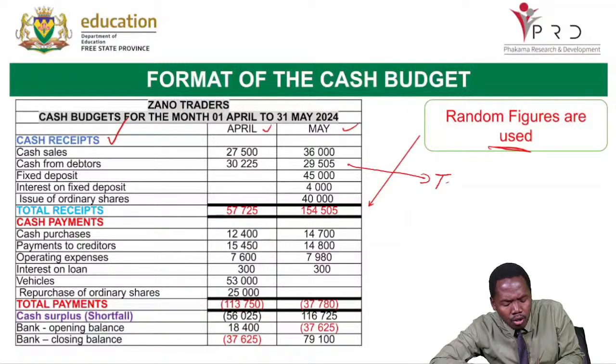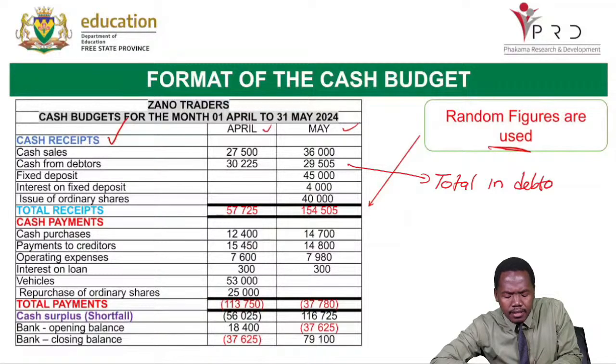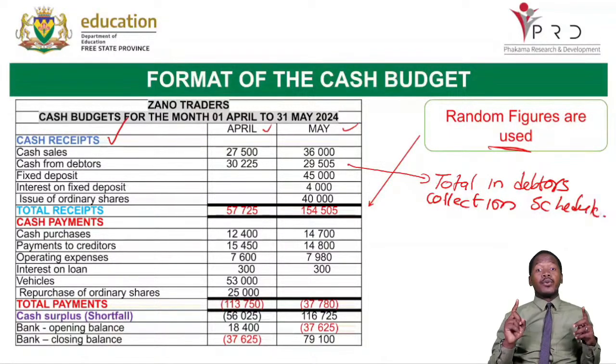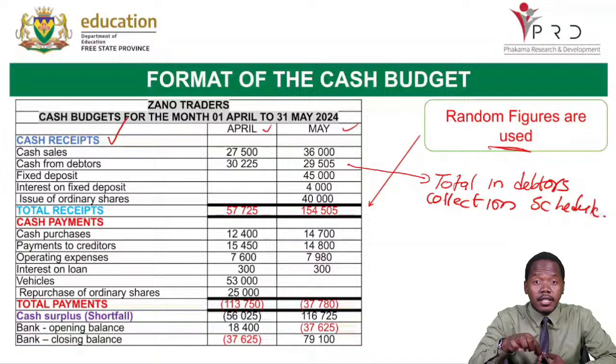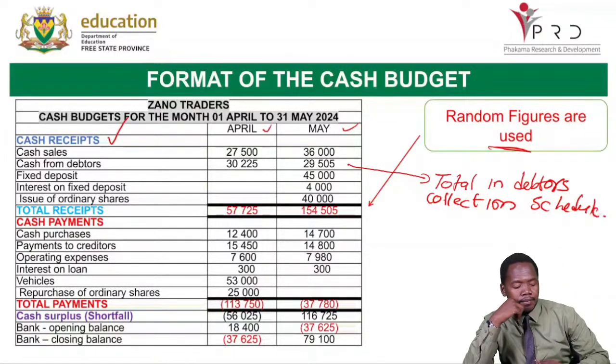This is your total in debtors collection schedule. Meaning, when we do debtors collection schedule, we are doing it so that we can record the total under cash collected, cash receipt journal.